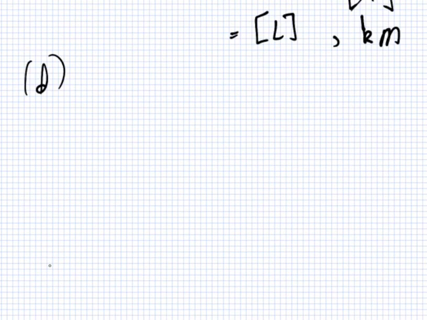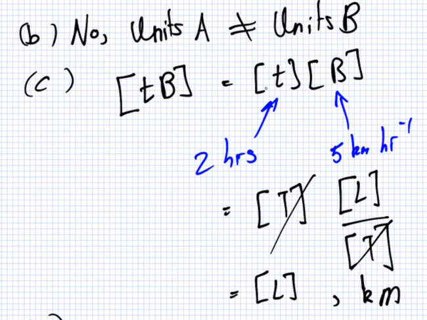So B now. What do you think? Can these vectors be added? Yes, because they are both vectors. And the right answer is no. But why am I saying no? Because they are different units.